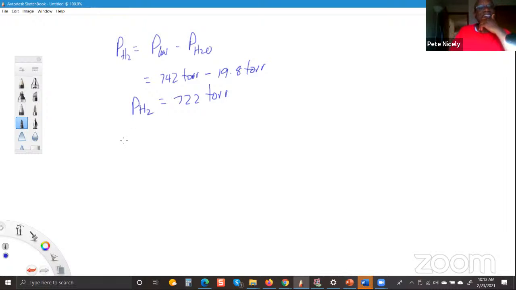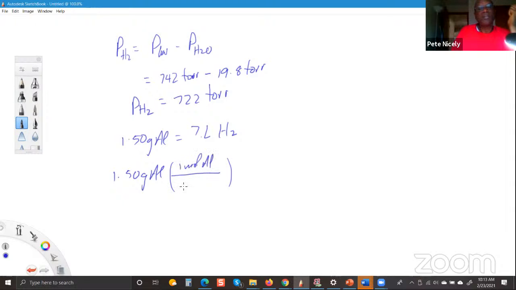Okay, so basically you're given 1.50 grams of aluminum and you're asked to determine the liters of H2 in the mixture. So we start off with the 1.50 grams of aluminum, and we're going to convert it to moles. So 1 mole of aluminum will go up top, and down here would be the molar mass of aluminum.